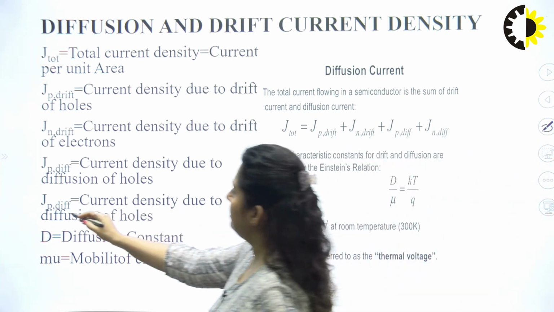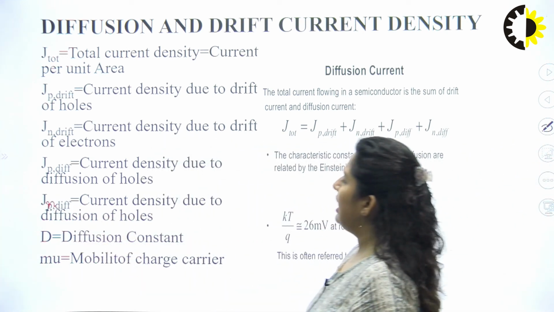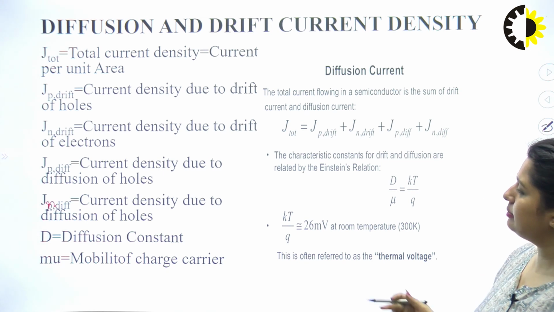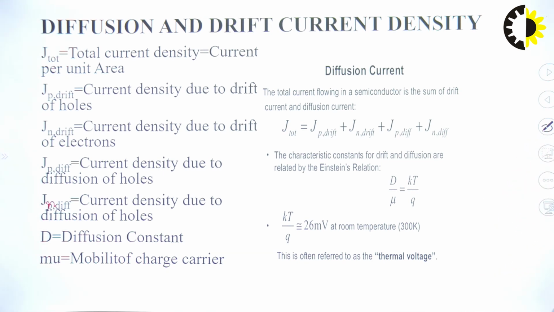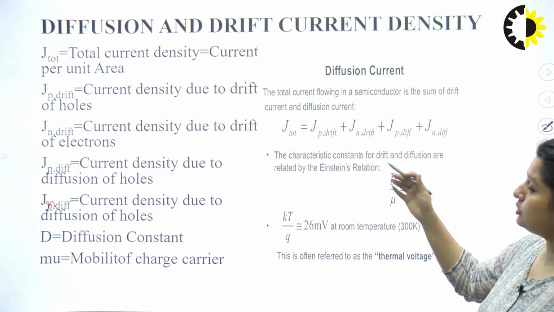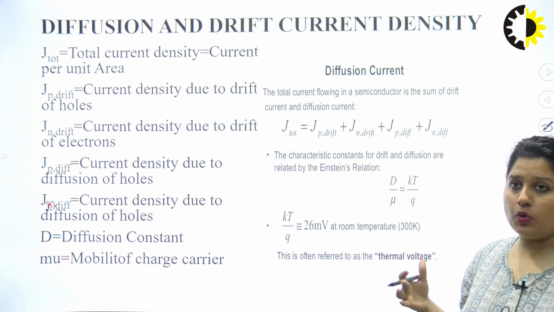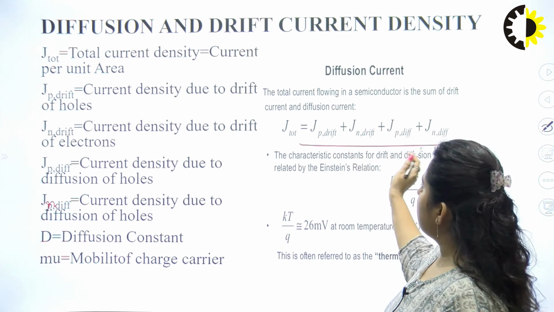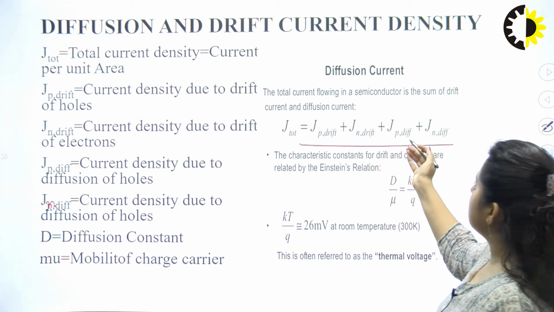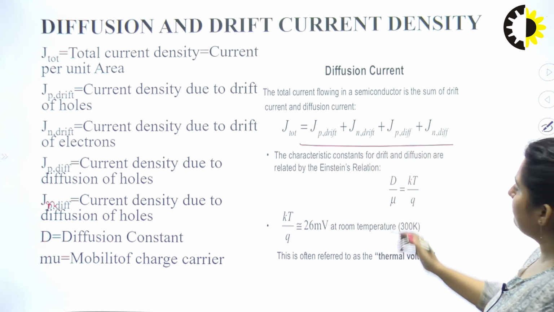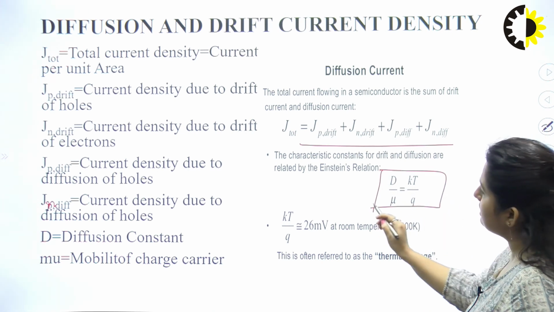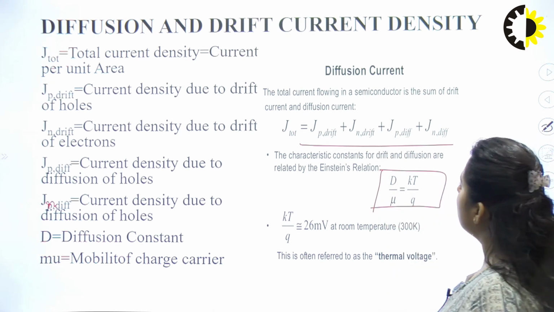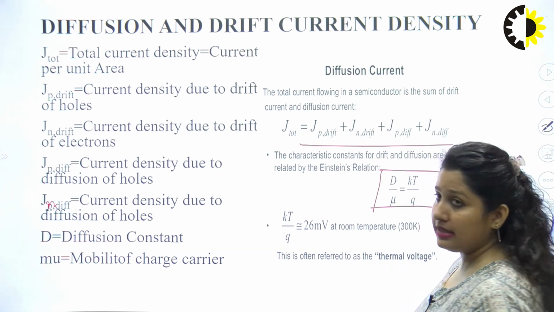D is the diffusion constant, and mu is the mobility of the charge carriers. So the total current comprises both drift and diffusion, which is four terms: JP drift, JN drift, JP diffusion and JN diffusion. With the help of the Einstein relation, D by mu equals KT by Q, we will define these equations in later lectures.